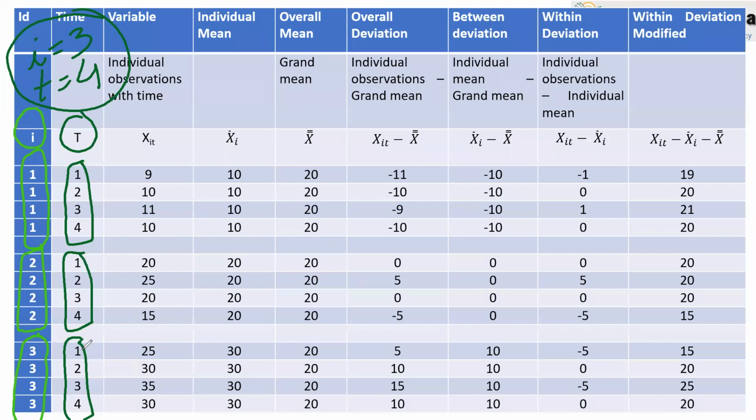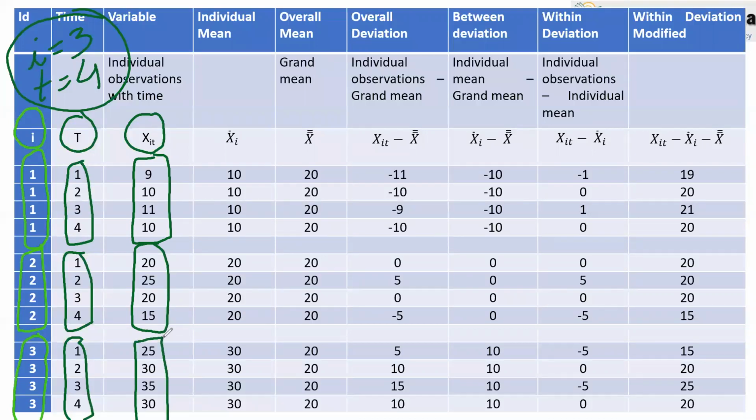And the value of any one variable, x_it, you can assume. The value of x in the first year for person A is 9. So these are the observations of x. This is the observations of the second person, and this is for the third person.